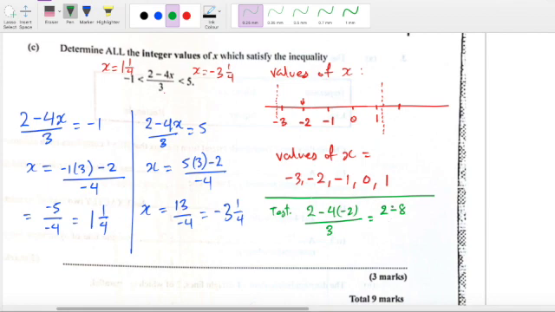No, it'll be +8 because the 4 and the 2 are negative, right? Over 3, which is 10 over 3. 10 over 3 is indeed 3 1/3. So yes, 3 1/3 does fall between -1 and 5. So yeah, this is it.